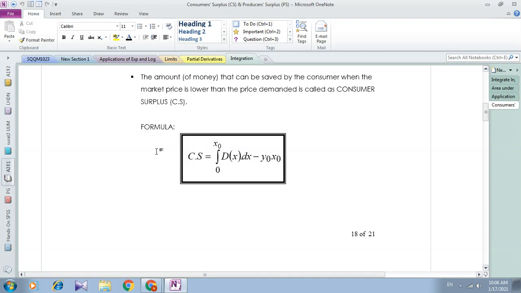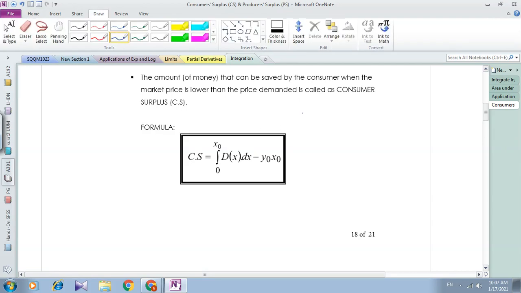And to memorize the formula is fairly easy, because when we are talking about consumer, we always relate that to the demand function. It is natural to relate consumer with demand function, right?